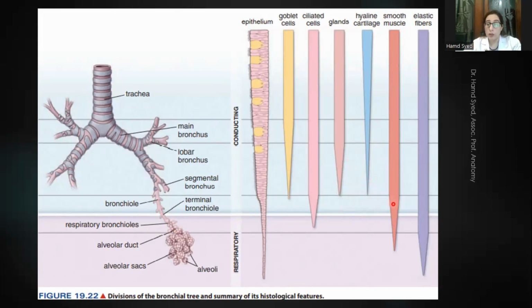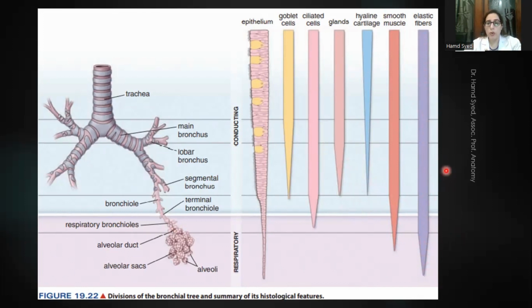Although smooth muscle is present in the bronchioles, it is present in much lesser quantities within the alveolar sacs and alveoli. Elastic fibers are present throughout the major portion of the respiratory tract, although their quantity has decreased slightly if we look at that in the alveoli.